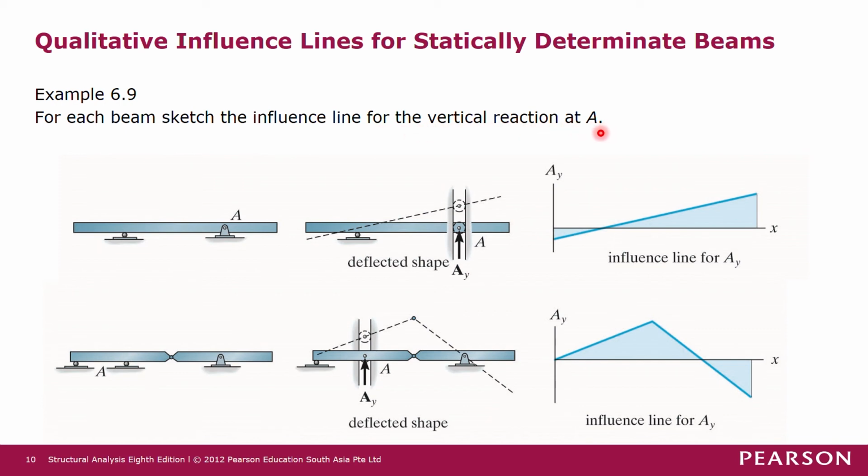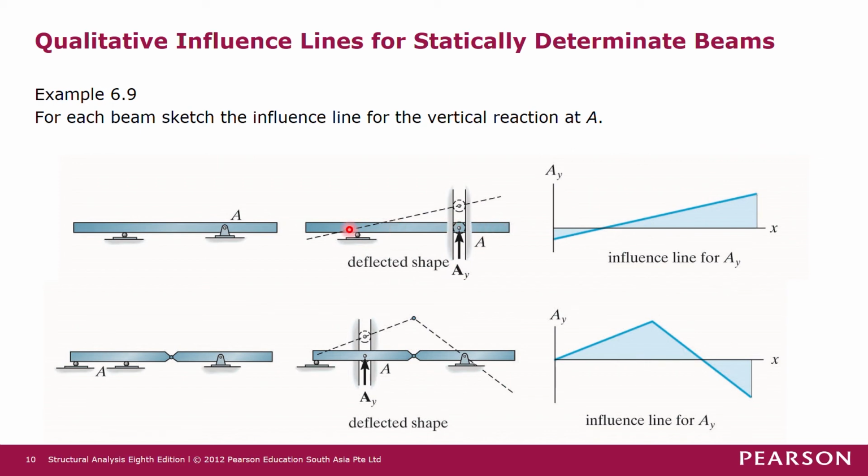So for each beam, we need to sketch the influence line for the vertical reaction at A. Let's take a look at this first example here. The vertical reaction at A is at this pin here. So for reaction, we replace the pin with a roller guide, and then we put the reaction in the positive direction, that is upward, and see what the deflected shape of this bar is.